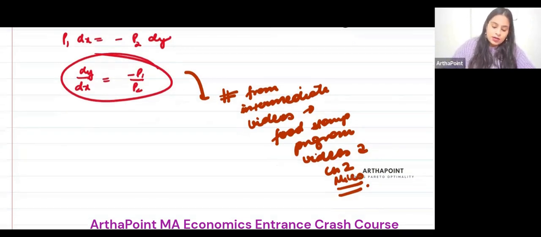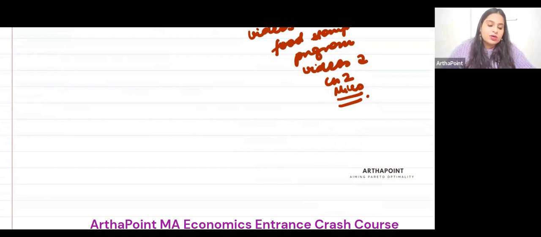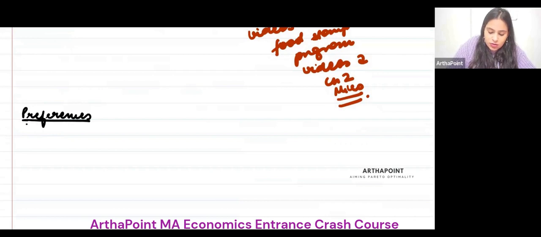Okay. Now let's talk about preferences. So preferences, basically, are depicted by a utility function. Now, just to give you a base of it, preferences were always there in the economy.